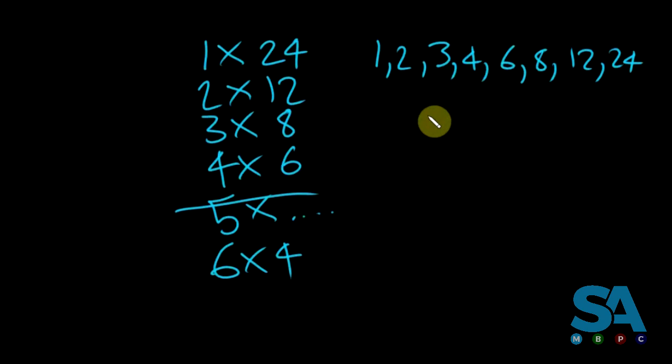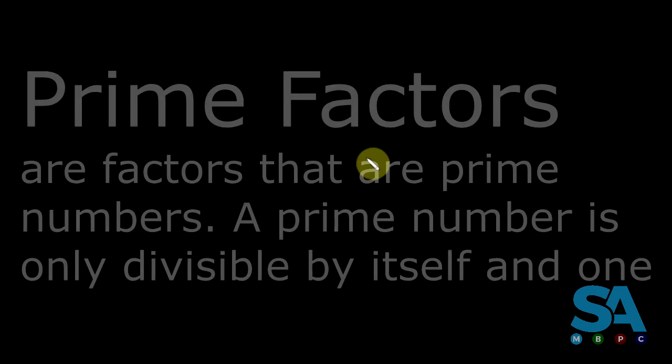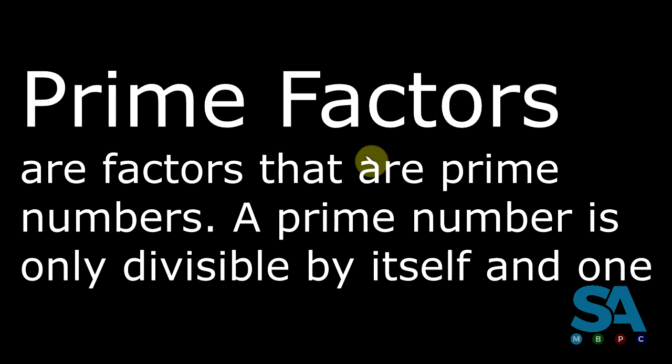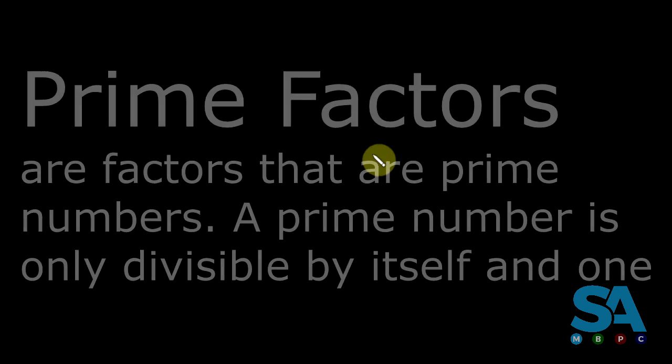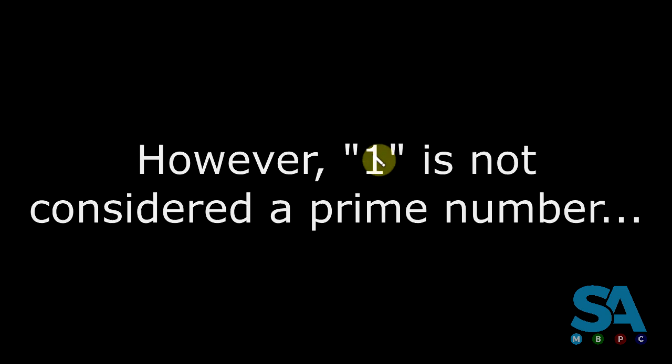So that's multiples and factors covered. Now let's look at prime numbers. A prime number is a number which doesn't divide by anything apart from itself and 1. So its only factors are itself and 1. The only exception to this is 1. 1 is not actually considered a prime number.